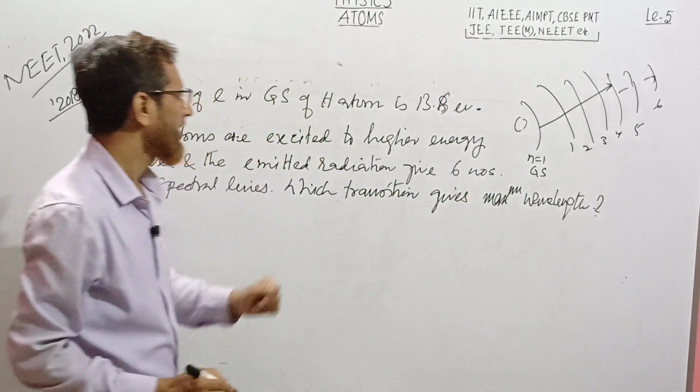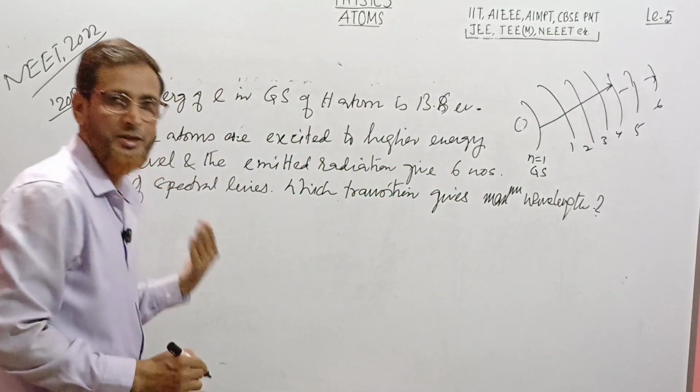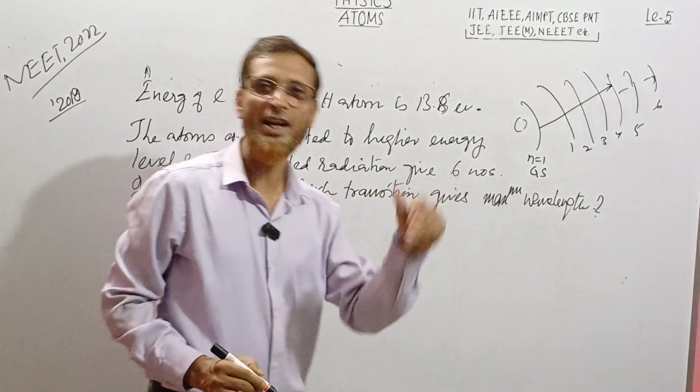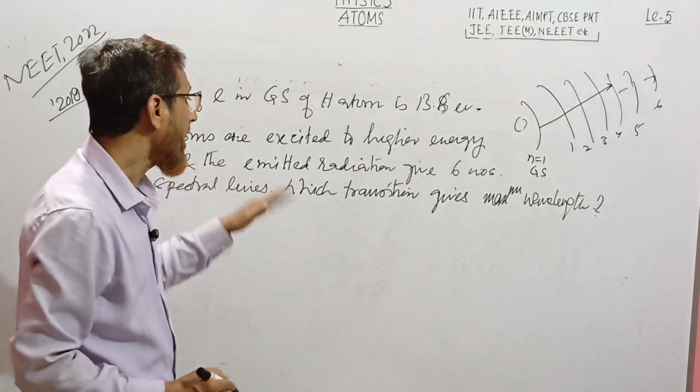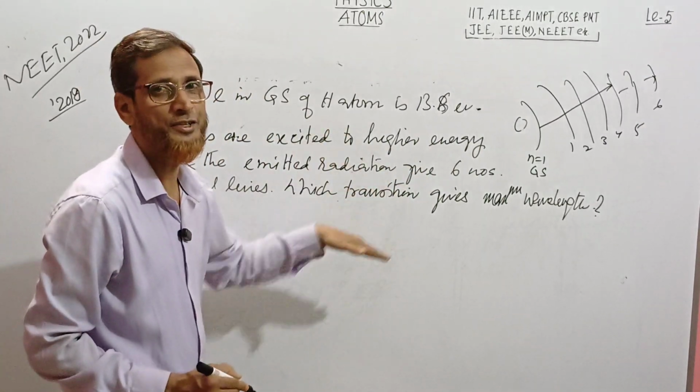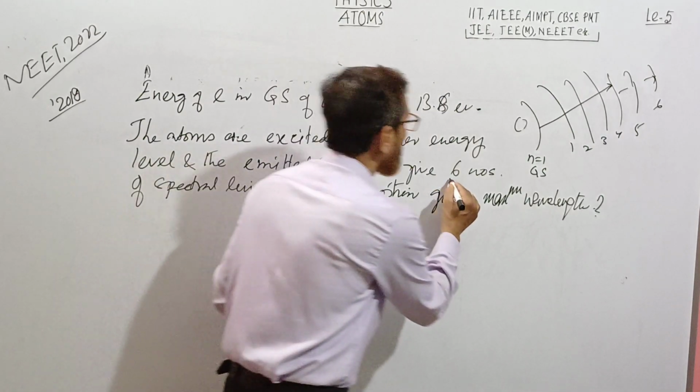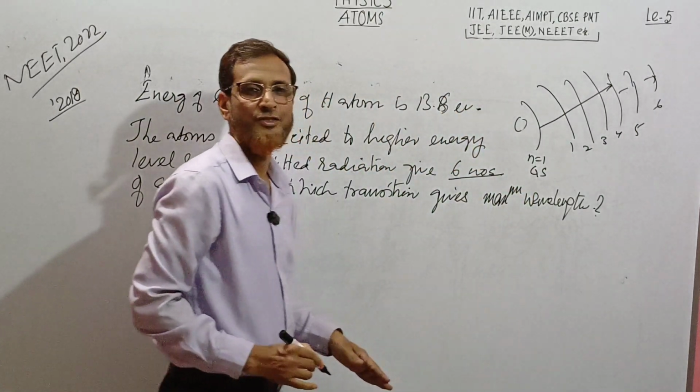But the question is that electron again reverses back by releasing the energy it absorbed. So when it comes back on emitting energy or radiations, it is seen that it has given 6 number of spectral lines.